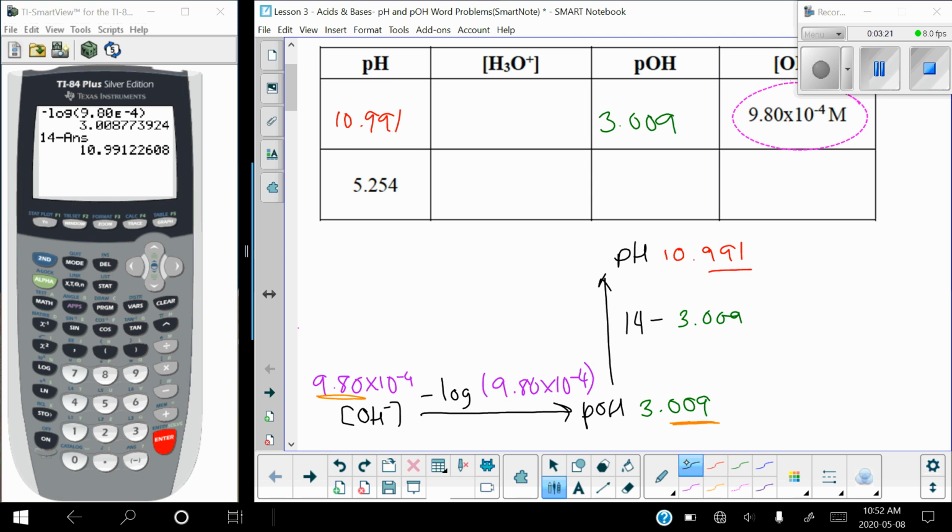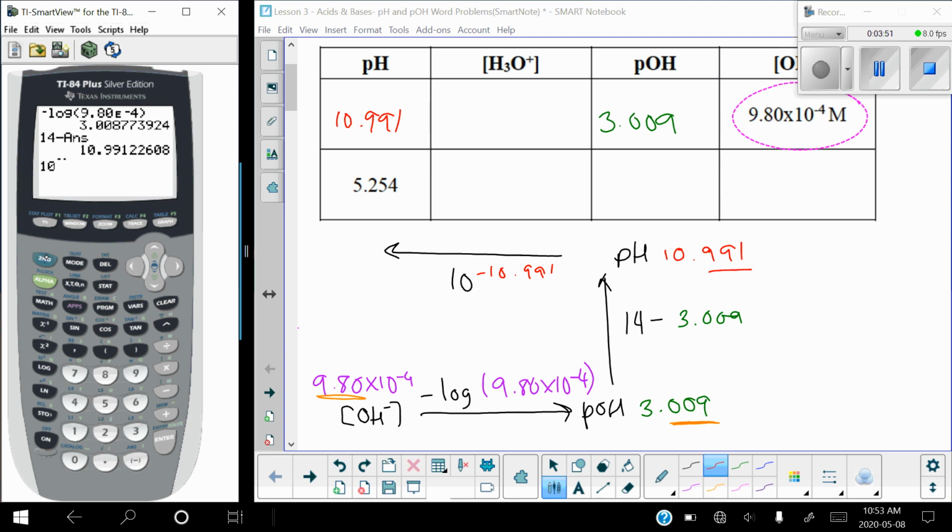From here, we can then calculate our hydronium concentration by going 10 to the power of negative 10.991. Again, I'm showing a rounded value on my paper, but in my calculator, I'm going to go 10 to the power of negative of my answer.